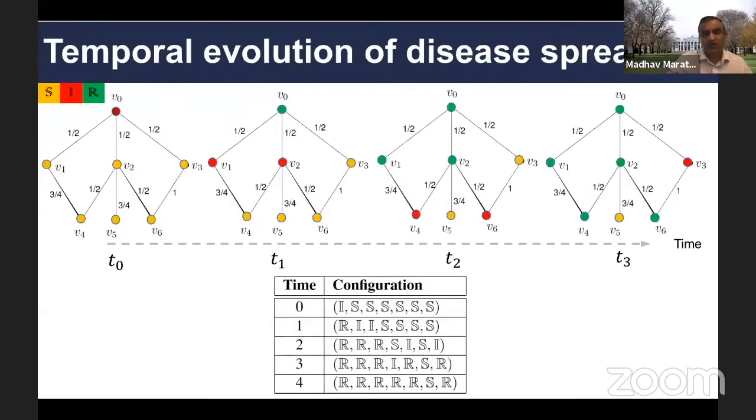And this shows you the time sequence of what happens. V0 ends up infecting V1 and V2, but not V3. Then V1 and V2 infect V4 and V6. And then finally, V6 infects V3. And then the epidemic stops in this case.